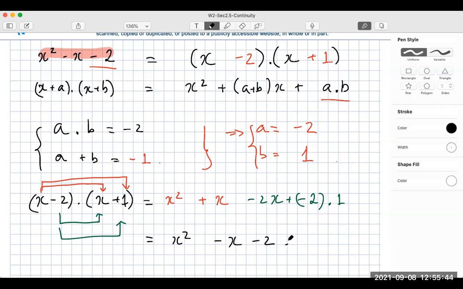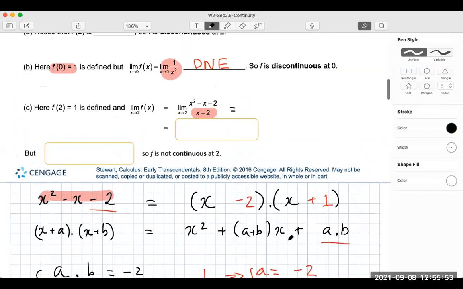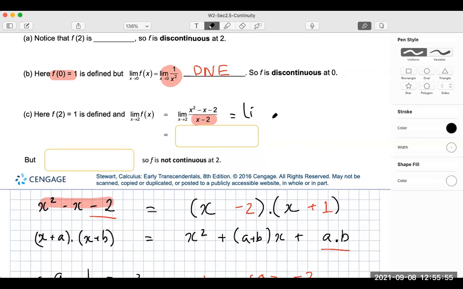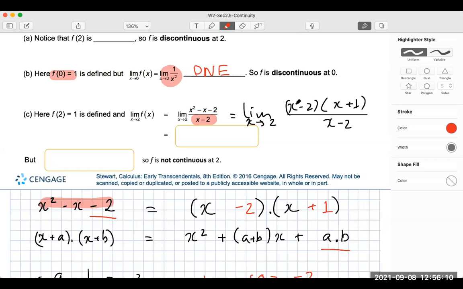Okay. Are we good? Now, since we know this, we can always write it as the limit as x approaches 2 of (x minus 2)(x plus 1) divided by x minus 2. Then, what should we do with this? Yes, they cancel out.